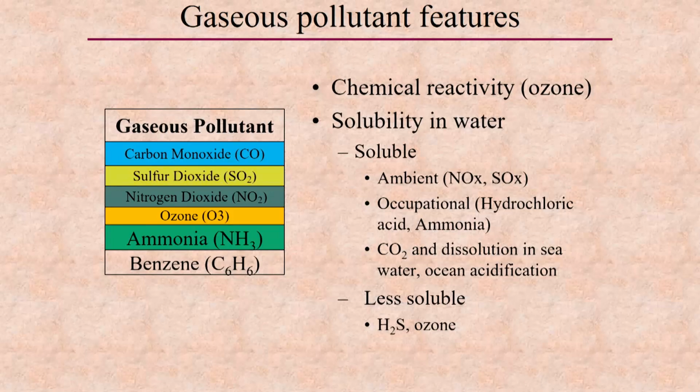We also know that carbon dioxide, although it is not called a pollutant, please note it, I am referring to it again and again, can be dissolved in the ocean. When it is dissolved, it forms H2CO3, carbonic acid.